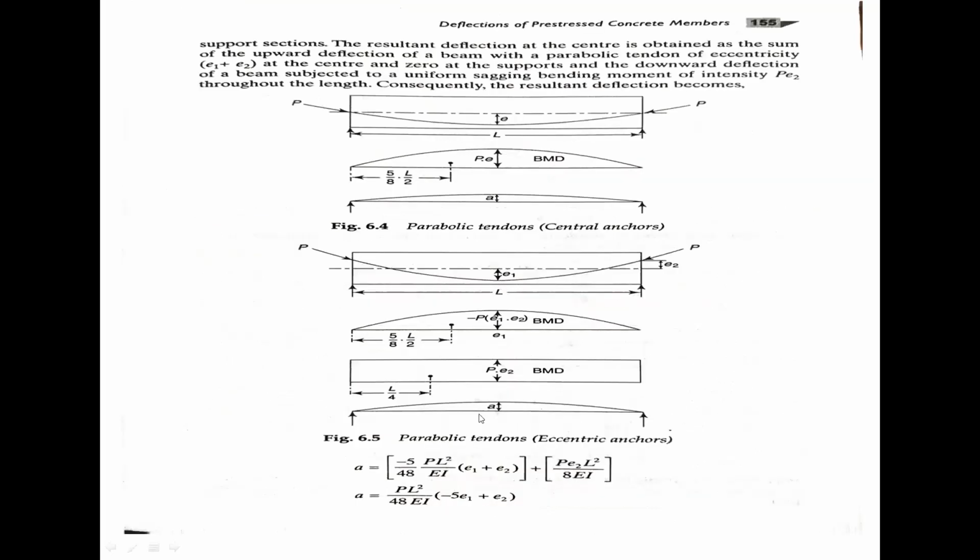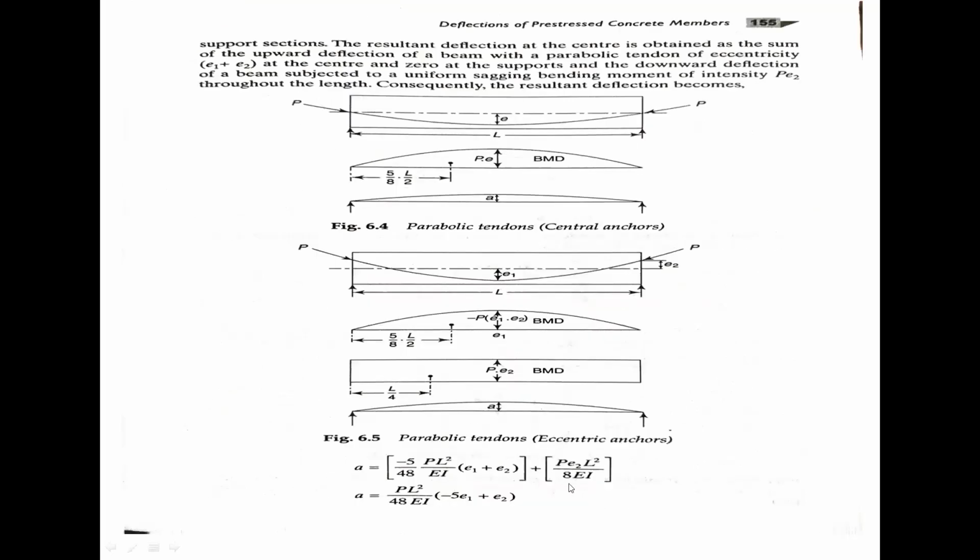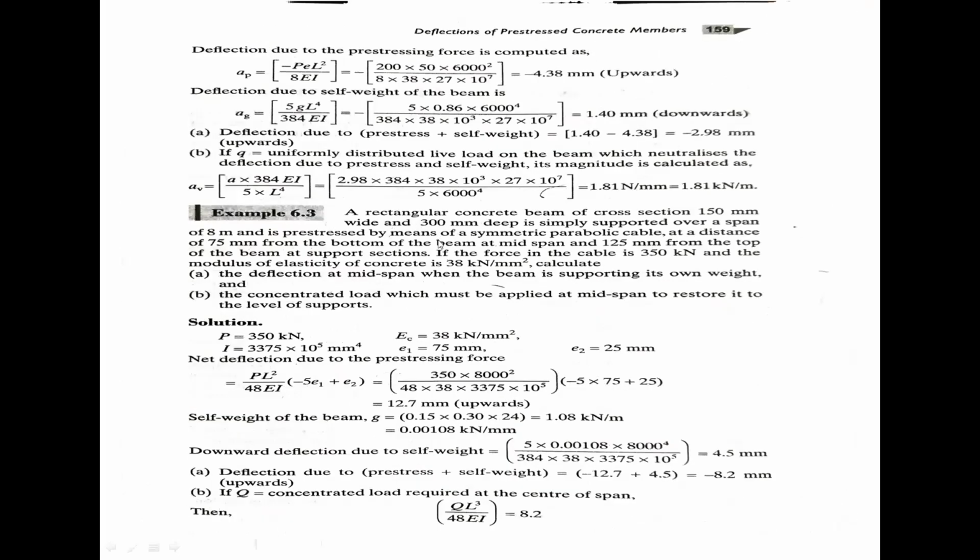Now, in this problem, the second case, the parabolic tendon with eccentric anchors, is given with two eccentricities at the supports, e1 and e2. In this problem, for example 6.3, this formula has to be used to calculate the parabolic tendon profile deflection: a equal to PL squared by 48EI minus 5 into e1 plus e2.